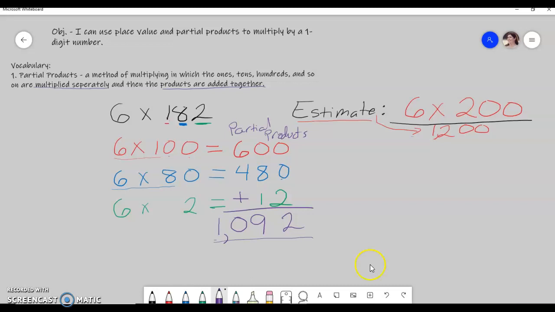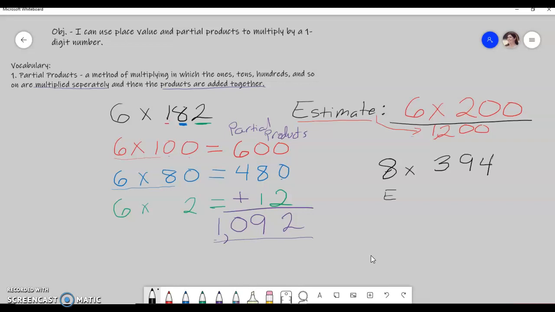Another example would be, let's say we did 8 times, let's see here, 8 times 394. So I could estimate that. My 3 is going to round to be a 4 because of that 9.